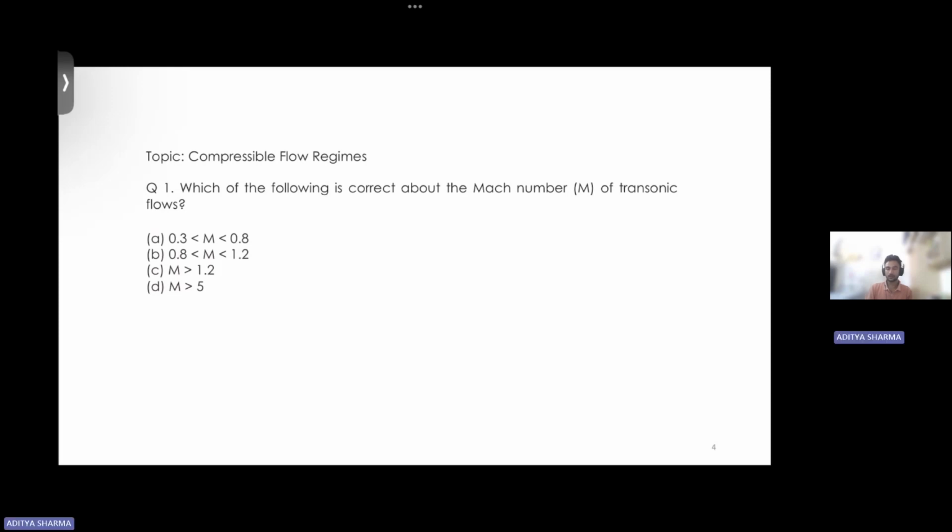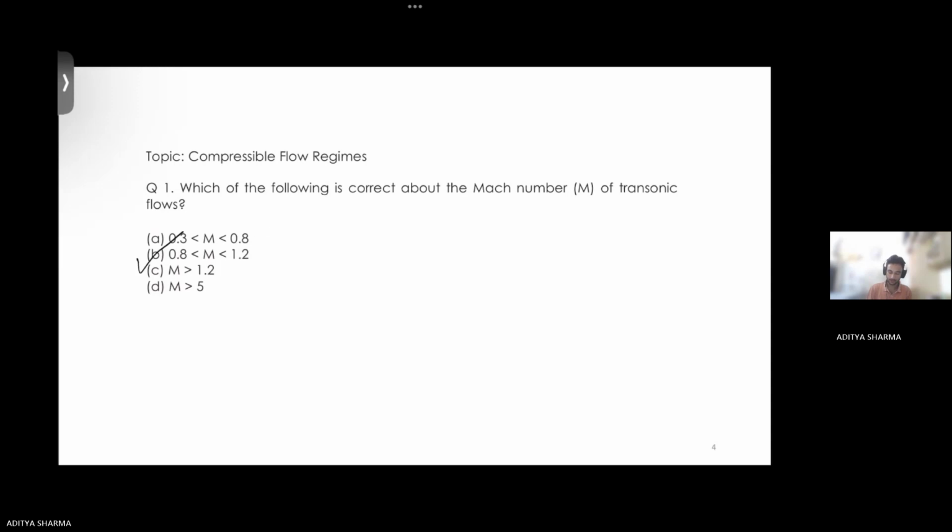The transitioning zone from subsonic to supersonic flows, and the range for this is considered to be from 0.8 to 1.2. Right? So in that case, option B is correct. Right?